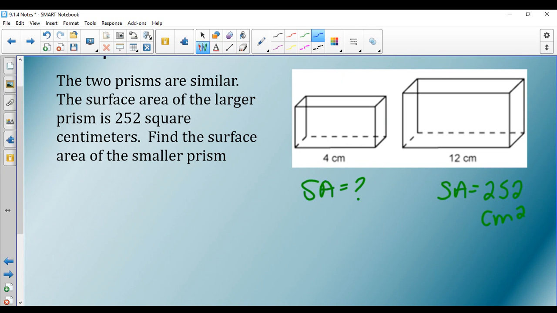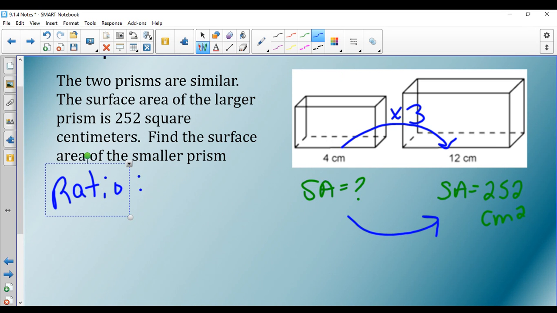So here again, how many times bigger are the shapes? We are going from 4 to 12, so we can see that's 3 times larger. So what would our area ratio be? Again, area ratio is always squared, so we know the area ratio would be 9 times larger.